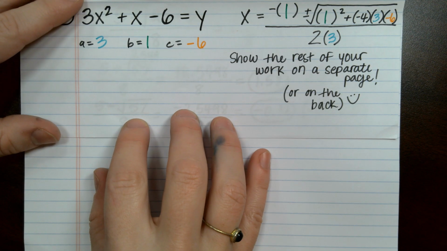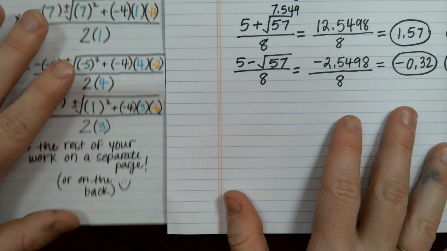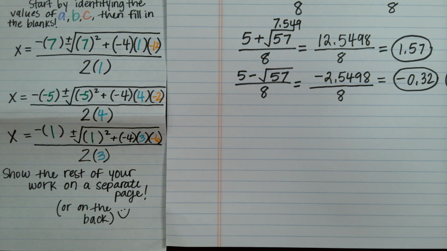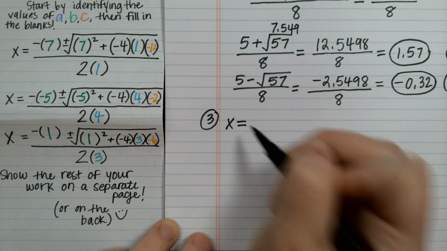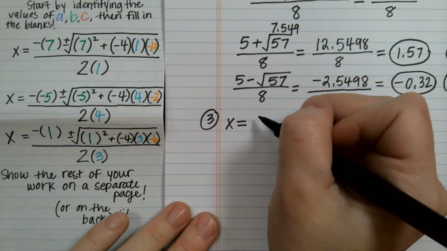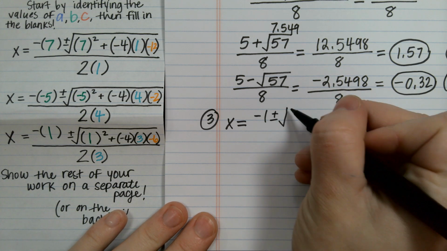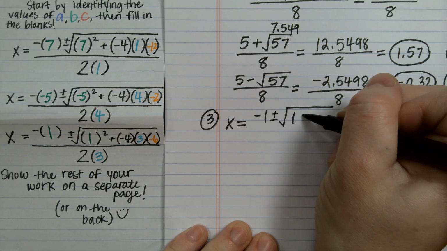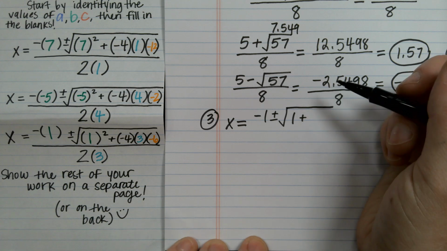Let's start simplifying our work. I'm going to do the same thing we did a minute ago. So let me write number 3. X equals -1 plus or minus the square root of 1 squared, it's just 1, plus -4 times 3 times -6.